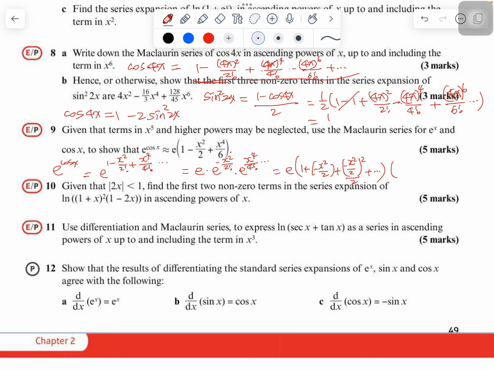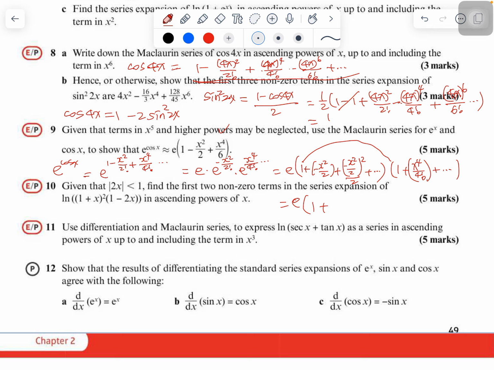And here 1 plus x to the power of 4 over 4 factorial plus blah blah blah. We don't need any further, we need only until x to the power of 4. So the constant term comes from here on both sides, so we have only 1, we cannot have the term in x.